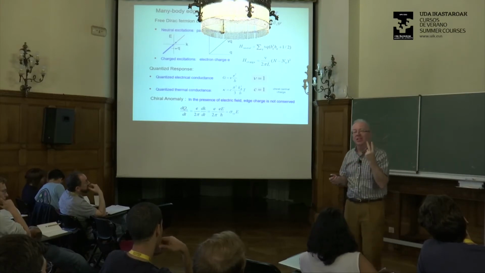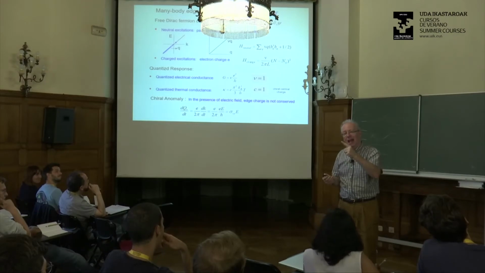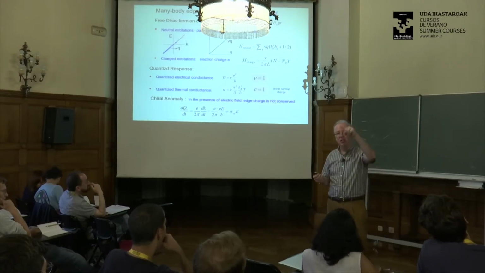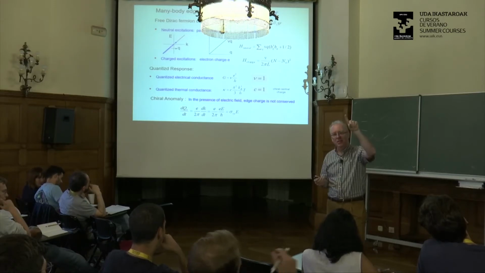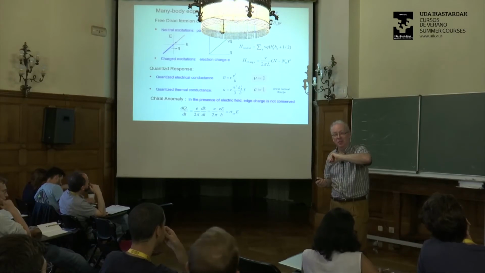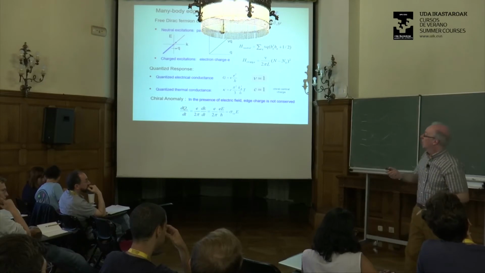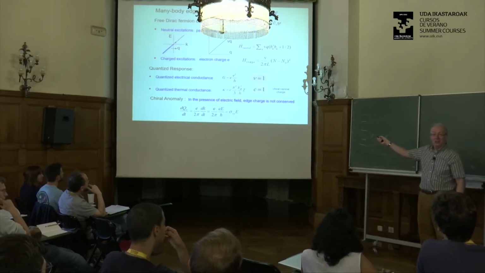There are actually two calculations you can do. You can do it for free fermions, and for free fermions, changing the temperature just changes the population of the states, and then you can calculate the flow of energy. That's straightforward, you just have an integral to do. There's another calculation you can do, which is for free bosons, these phonons.